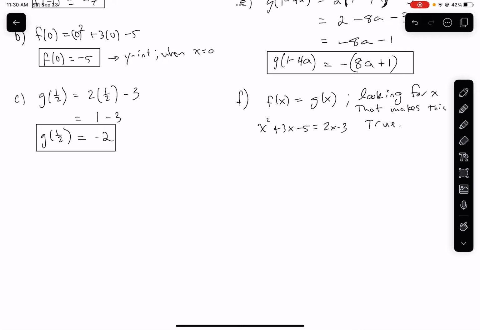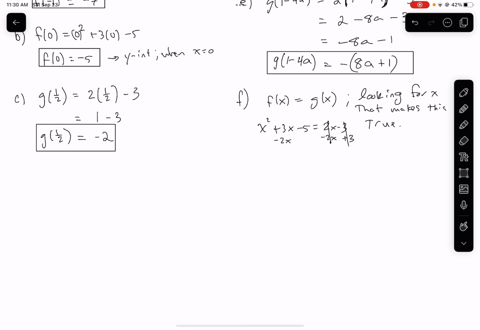In order to solve anything that looks like this, it has to be equal to 0 on the right side. So we're going to shuffle things around. I'm going to subtract 2x and add 3 to create the 0 pairs, and if I do that on the left, I have to do it on the right.